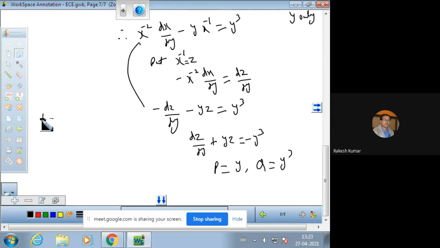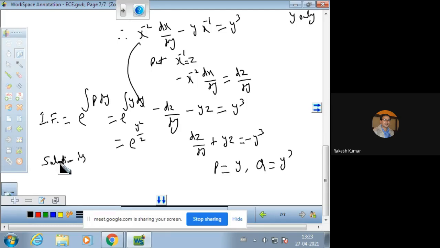So integrating factor will be e raised to power integral P dy, so e raised to power integral y dy. So e raised to power y square over 2 is the integrating factor, and the solution is, dependent variable is z here, so z into integrating factor is equal to integration Q into integrating factor into dy plus constant of integration.